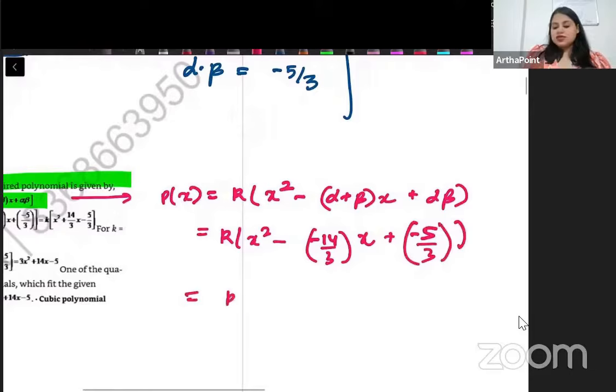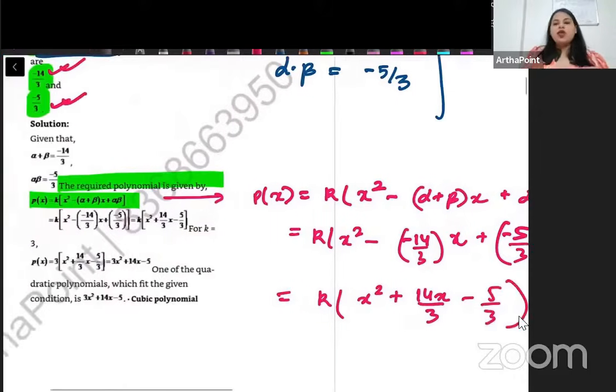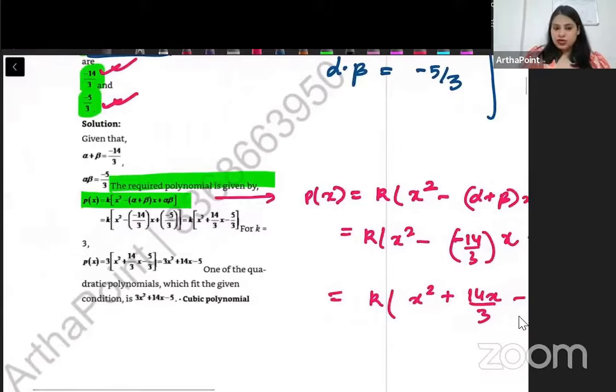So this becomes k x square plus 14x by 3 minus 5 by 3. But in order to solve this, I don't want anything in the denominator. So to remove the denominator, we usually keep the value of k such that the denominator cancels out.